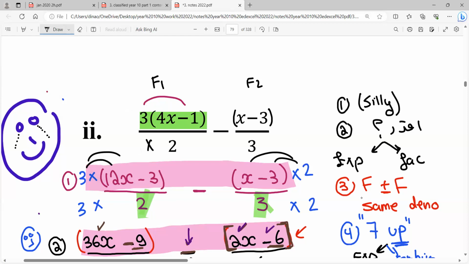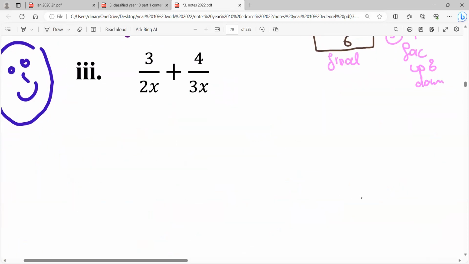If you decide to do it this way it will definitely be correct as well. Let's come to this question over here and I am going to solve it both ways.